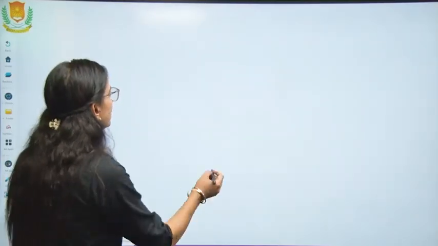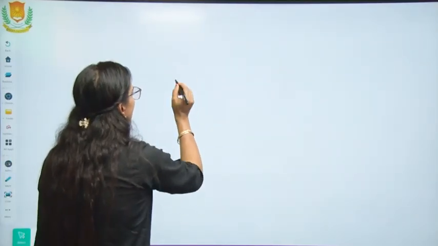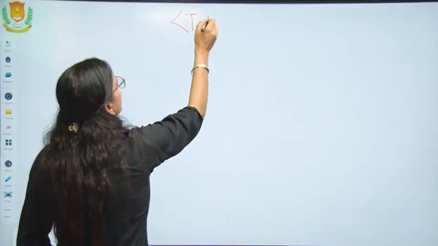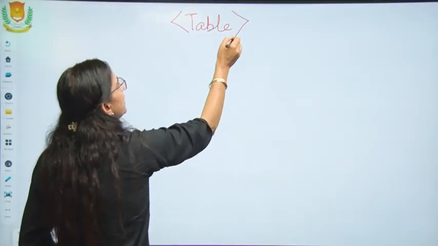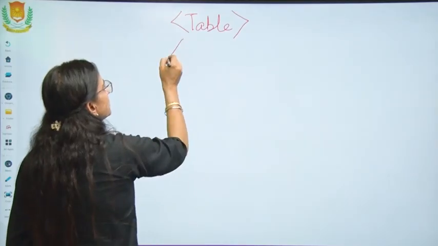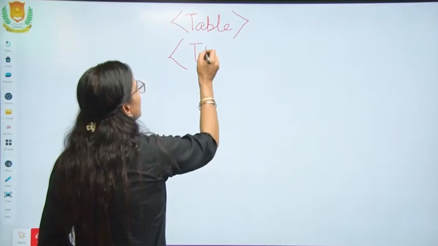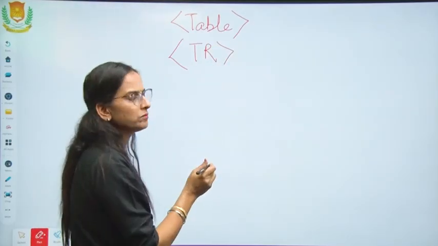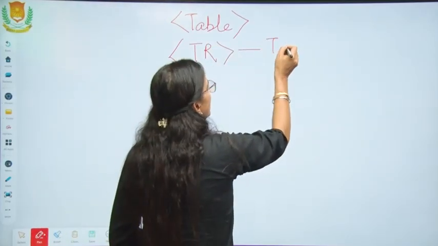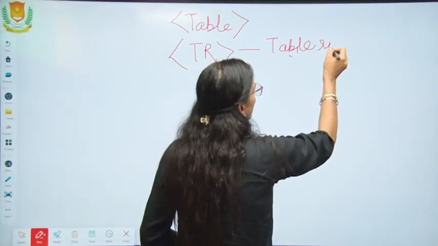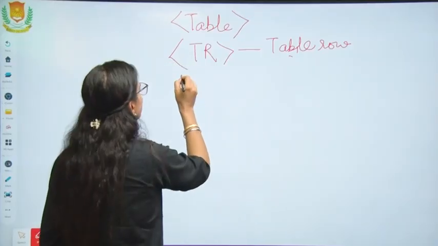So now let's revise the tags. How can you do the coding for this page? We specify with the table tag. Then we start with the TR tag. This is specifically for the table row.